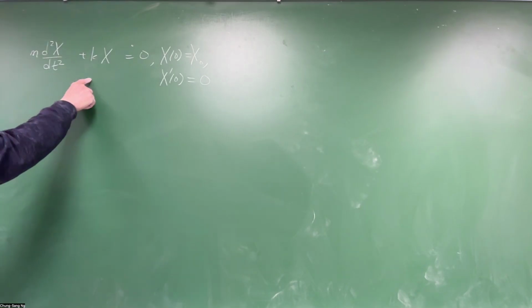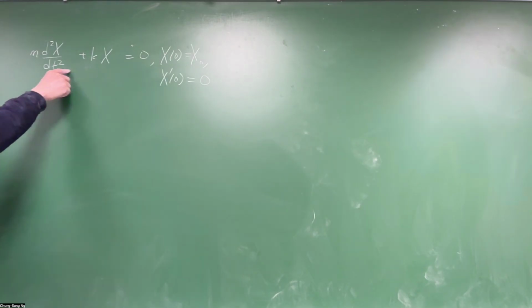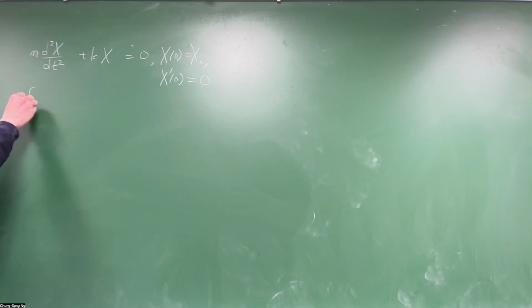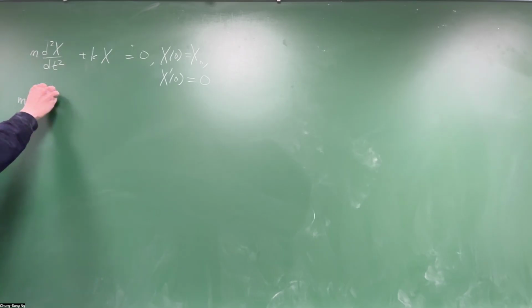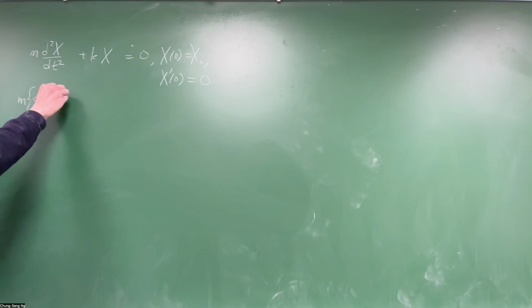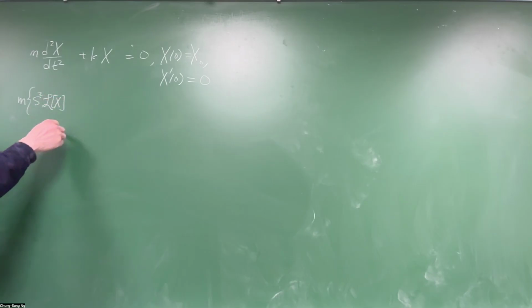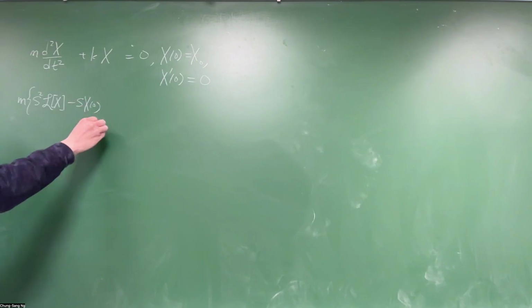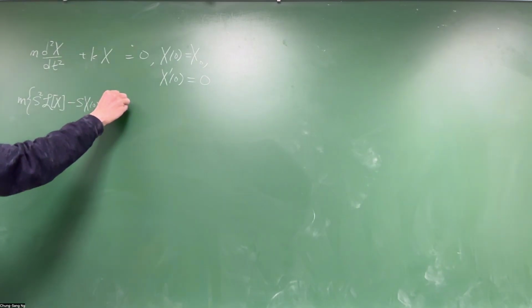This is an illustration of how you use the Laplace transform. We take the Laplace transform of both terms. For the first term, you apply the formula: s squared times the Laplace transform of x, then minus s times x of 0, and then minus x prime of 0.